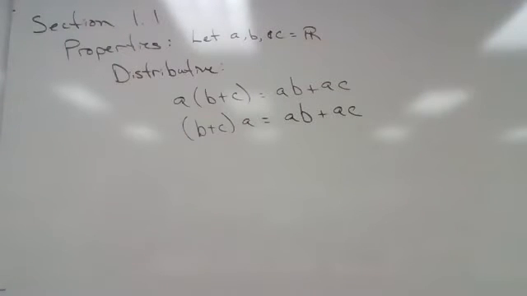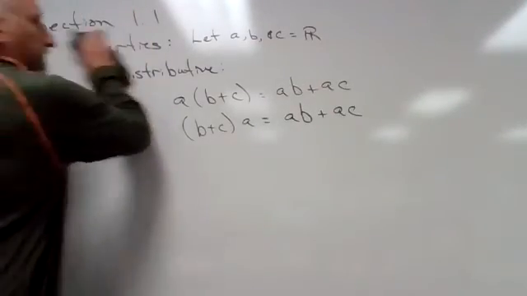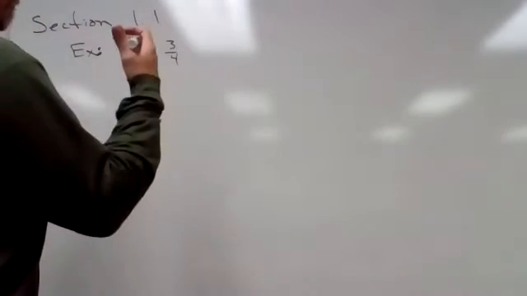Okay, so what are we going to do? What does all this fun mean? Well, one type of problem you might see is going to be very simple. If I give you a number like the number 3/4, I'm going to ask you, where's that?